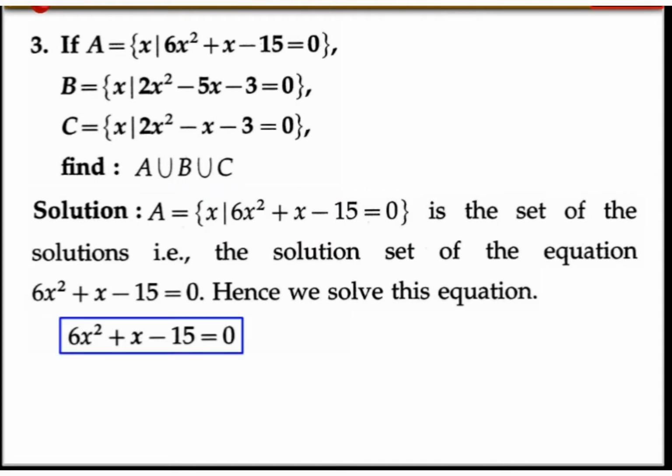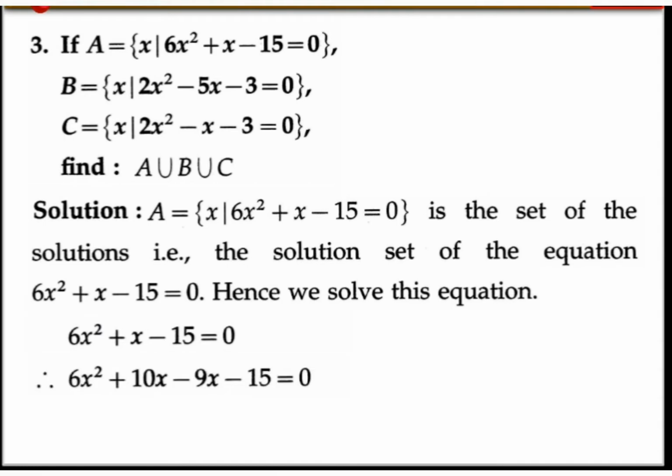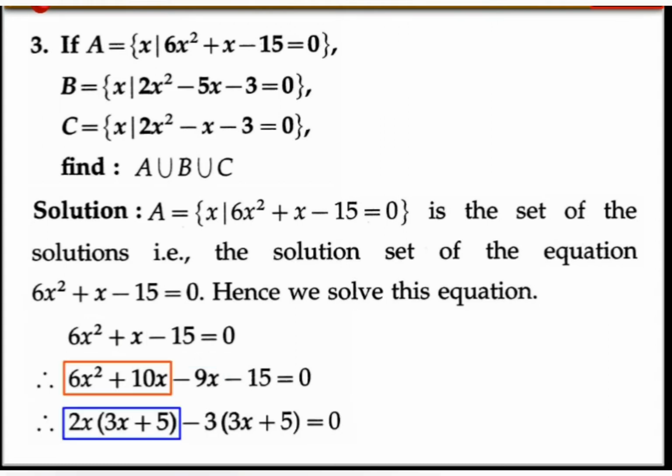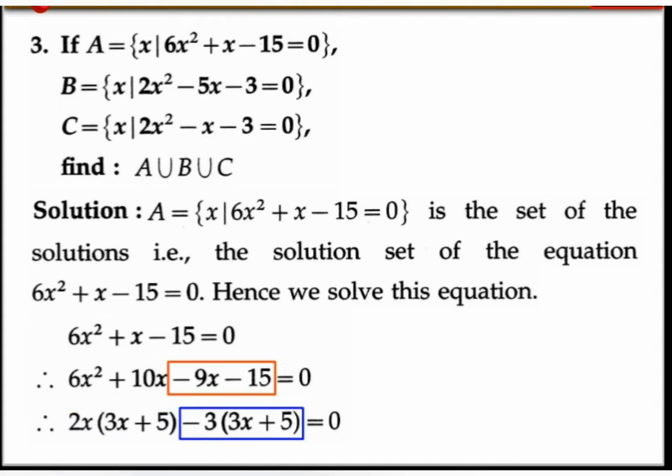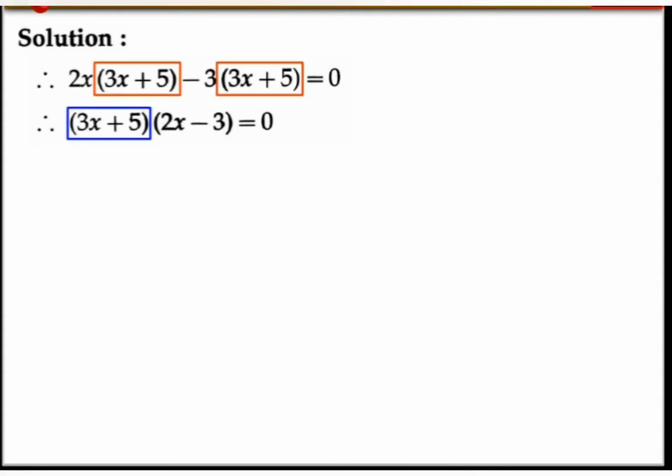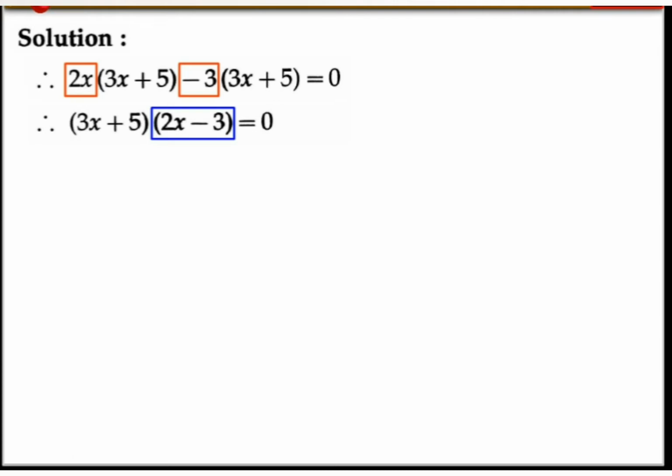If you split it, it is 6x squared plus 10x minus 9x minus 15 is equal to 0, which means 2x into (3x plus 5) minus 3 into (3x plus 5) is equal to 0. Therefore, (3x plus 5) into (2x minus 3) is equal to 0.